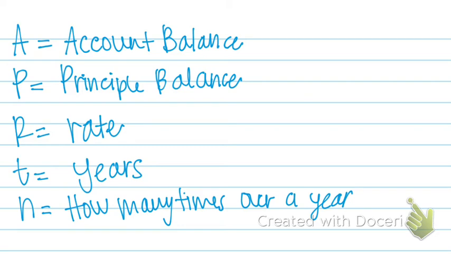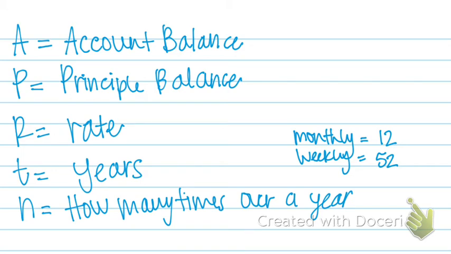So, for example, if it says it is compounded monthly, how many months are in a year? 12. If it says it is compounded weekly, how many weeks are in a year? 52.